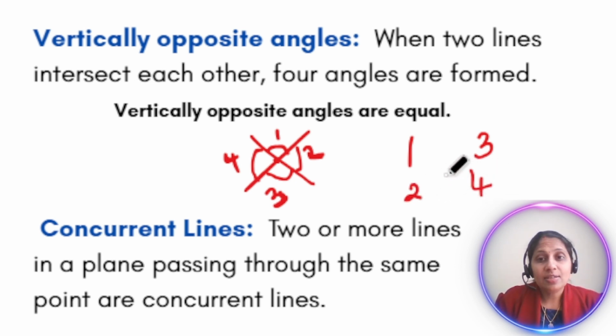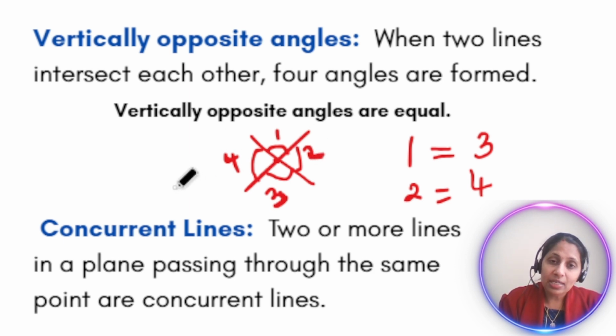And always remember, these vertically opposite angles that you get when two lines intersect will be equal. So 1 will be equal to 3 and 2 will be equal to 4. If 1 is, say, 70 degree, 3 will also be 70 degree. If 2 is 80 degree, then 4 will also be 80 degree. I hope you are clear.